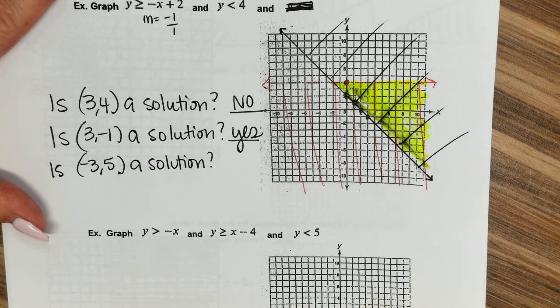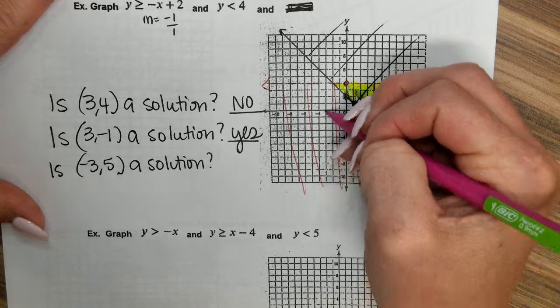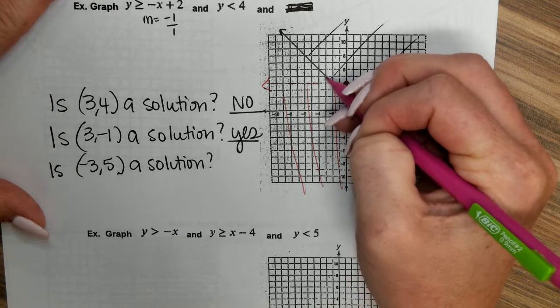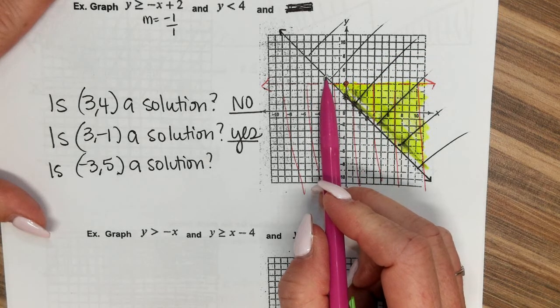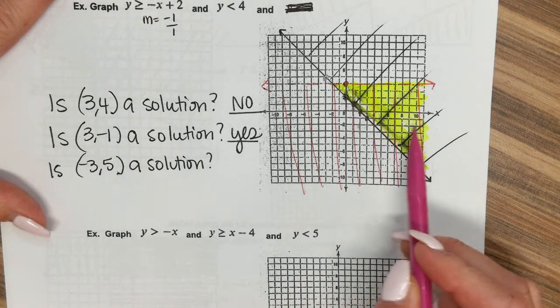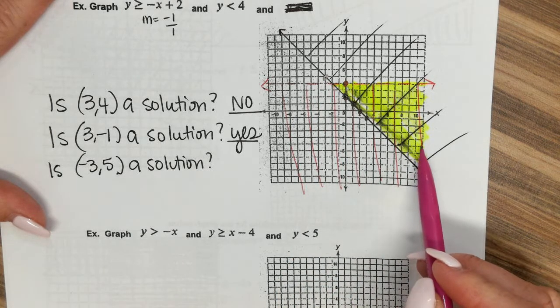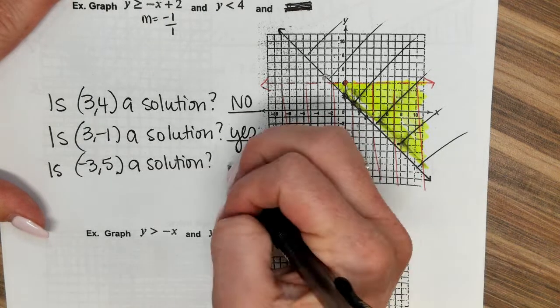I'm hearing yes and no, so what's the answer? All right, let's go to it. (-3, 5) is right here, yes? So tell me about that. It's part of the solid line, but it's not part of my area that satisfies both inequalities. So the answer is no.